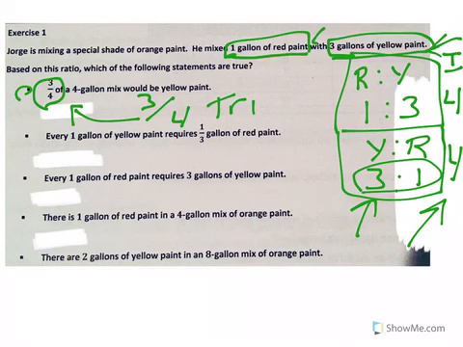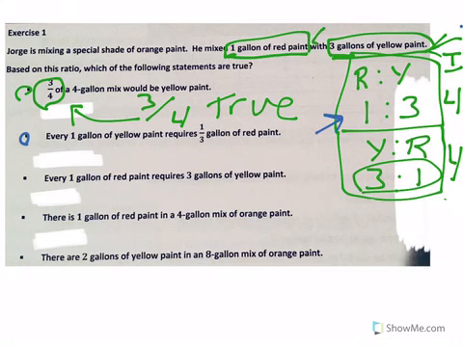Then that is true. Second question says every 1 gallon of yellow paint requires 1/3 of a gallon of red paint. Well, if we're going to look red to yellow, rewrite that as a fraction, that would be 1/3. So for every 1 gallon, it's 1/3 of a gallon, right? So that does match up, and that is also true.